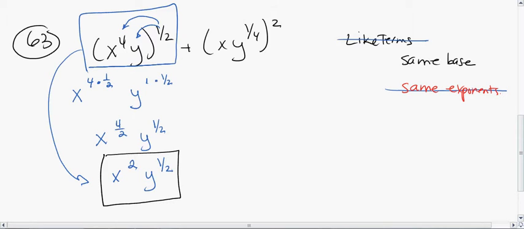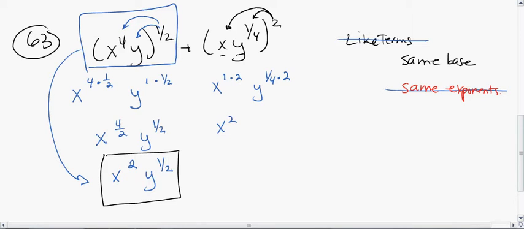Now let's do the same thing with this second term. This guy here, the x and the y to the 1/4, all squared. So let's multiply through by that exponent of 2. So let's see here, x to the 1 times 2 and y to the 1/4 times 2.